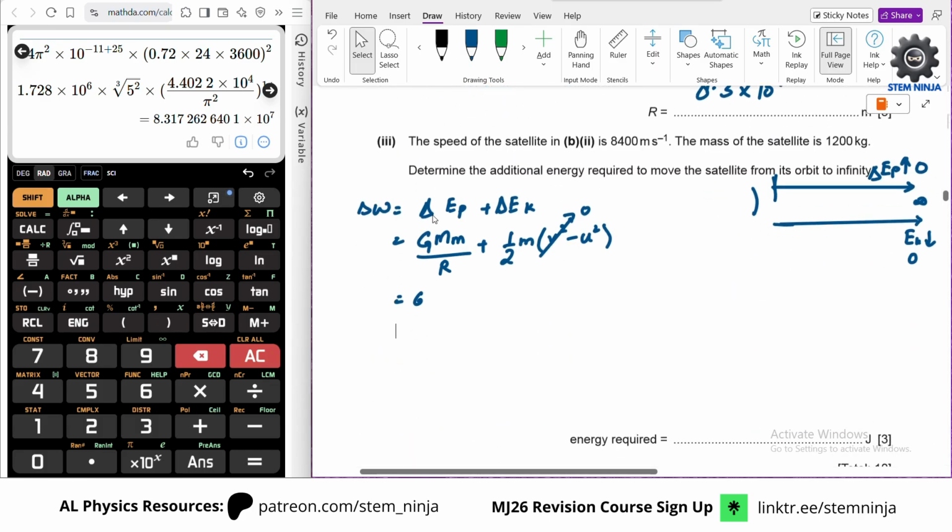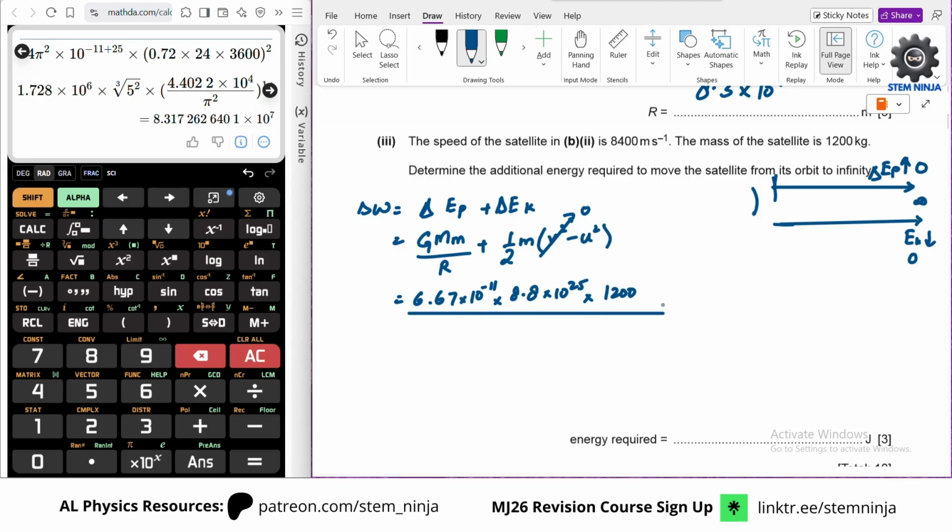So G is 6.67 times 10 raised to the power minus 11. Mass is 8.8 times 10 raised to the power 25. Mass of the satellite is 1200 kg. Radius of the orbit is 8.3 times 10 raised to the power 7, minus half m v squared. So that's what we need.